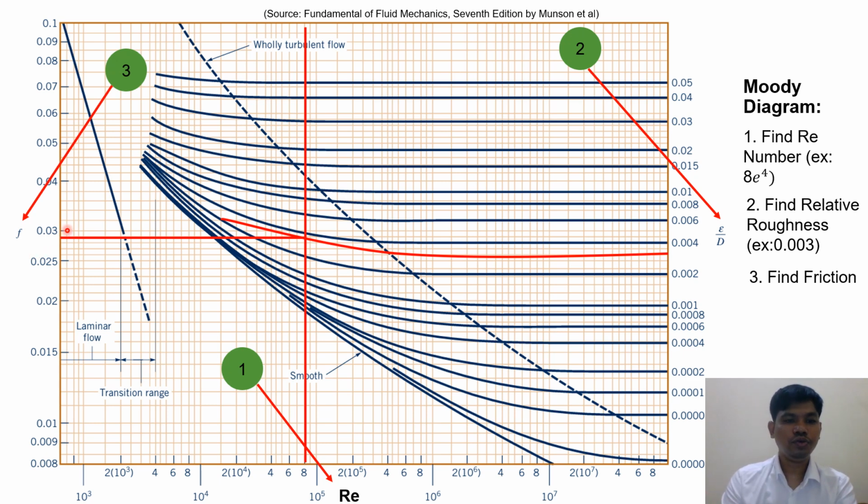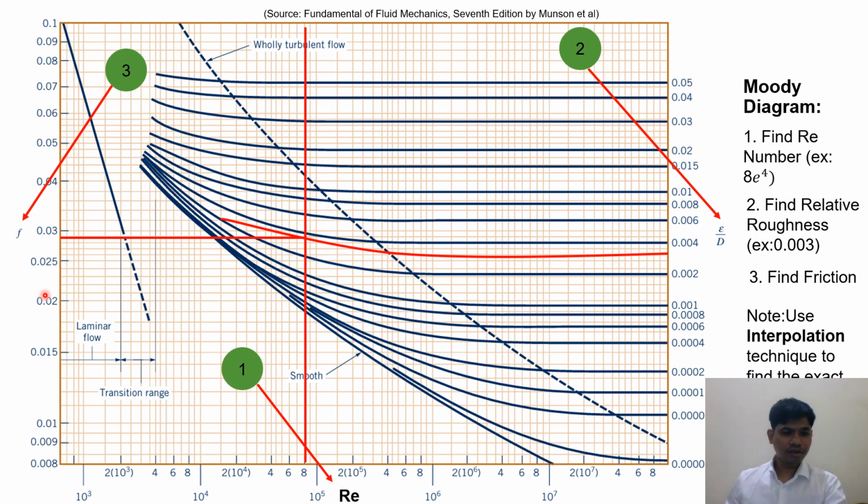So this is the friction factor of your case where the Reynolds number is 80,000 and the relative roughness is 0.003. Okay, so this is the position of the friction factor. It is between 0.025 and 0.03.